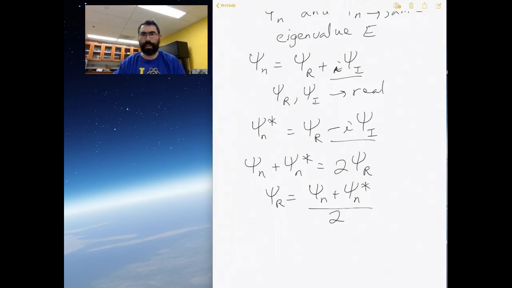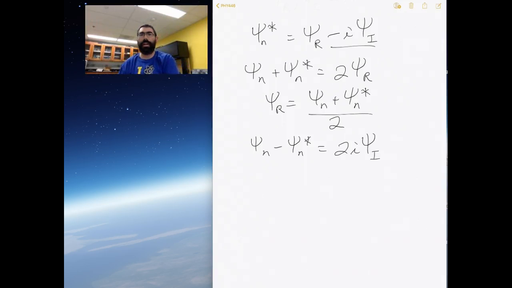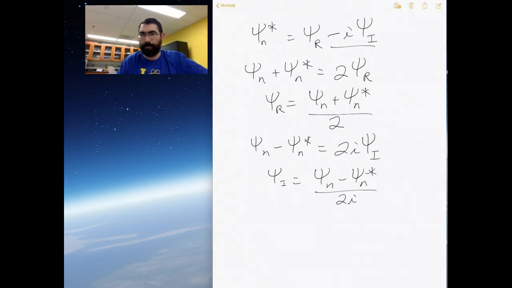I can do the same thing to isolate the imaginary wave function. If I take psi minus psi star, I get 2 times i times psi sub i. So subtracting them, I get rid of psi r, the real part, and I'm left with just the imaginary part. So psi i is just psi minus psi star divided by 2i.